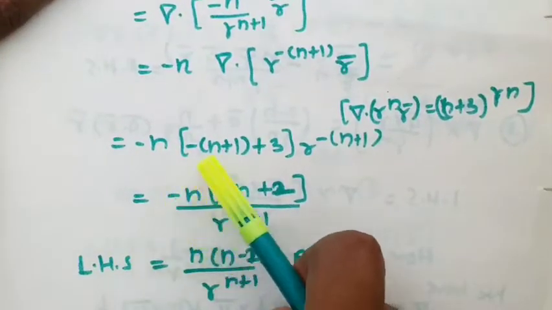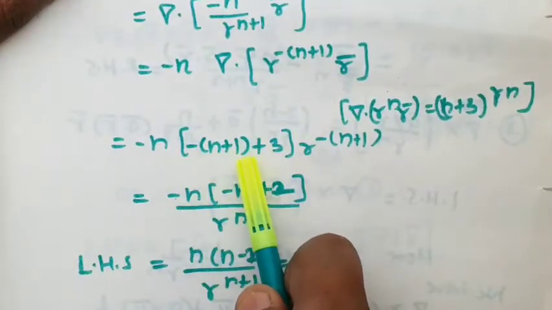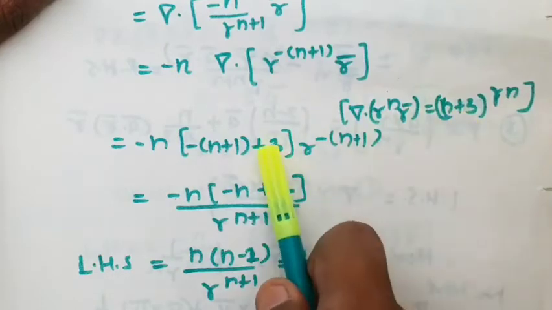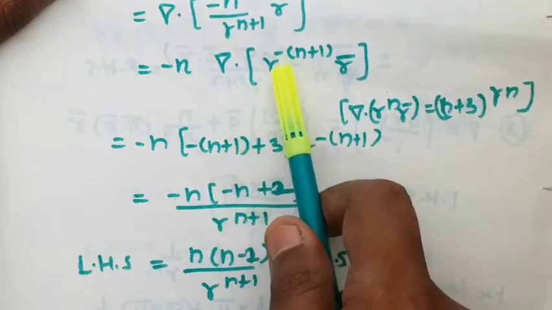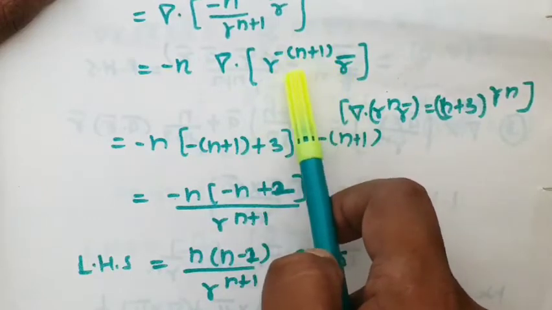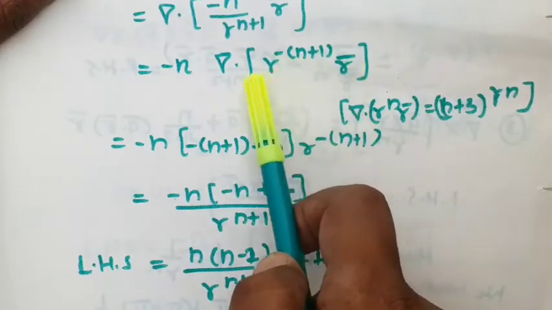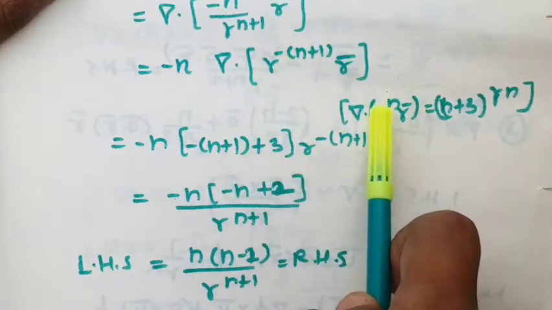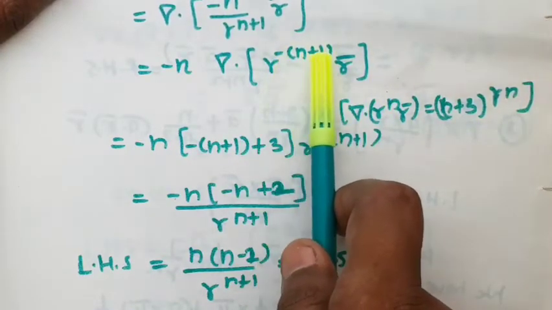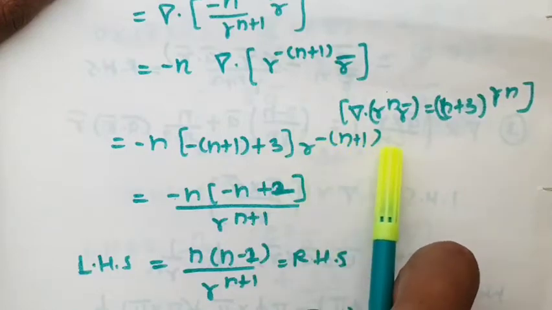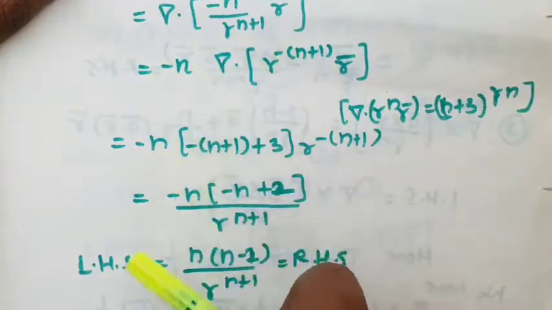Now the power of this r is minus of n plus 1. Add in that power 3, and multiply that by the same quantity which you have here in the multiplication of r bar, that is r raised to minus n plus 1. Here you have r raised to n, so we have multiplied by r raised to n. So here we have r raised to minus n plus 1, so we multiply by r raised to minus n plus 1, and this minus n as it is.